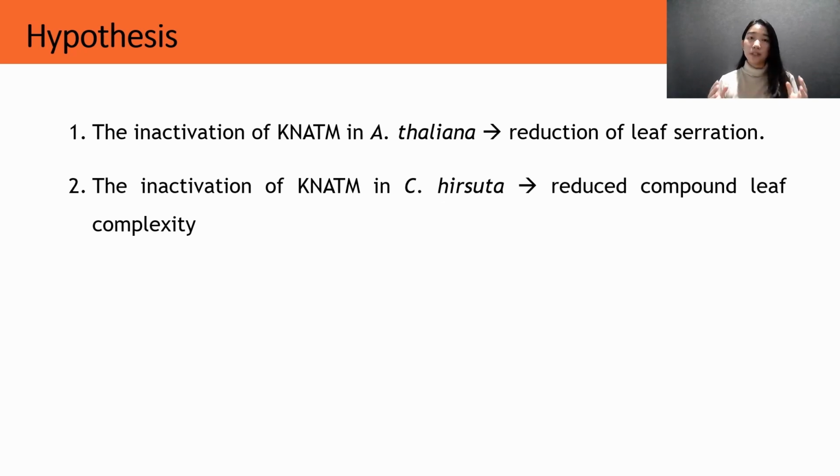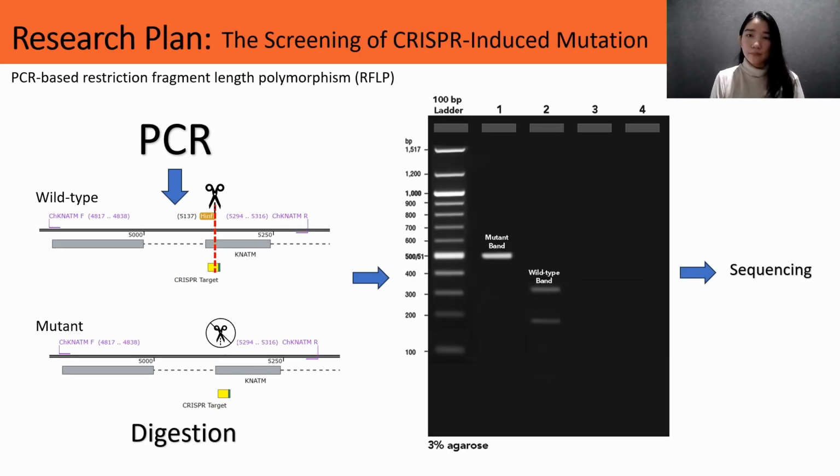And here I am going to explain the two most critical methods. So after the design of CRISPR construct, transformation, and seed screening, the next step is to screen the CRISPR-induced mutation. The method is using RFLP. So the first step is PCR using suitable primers, followed by digestion with restriction enzyme.